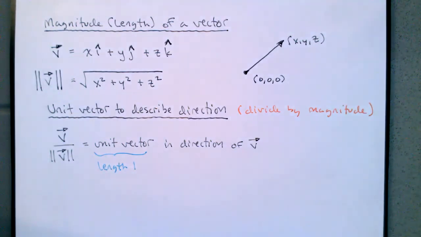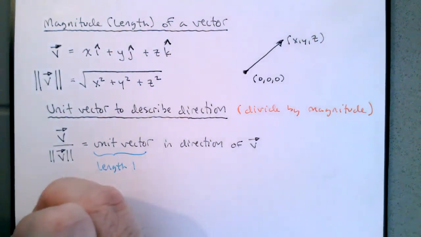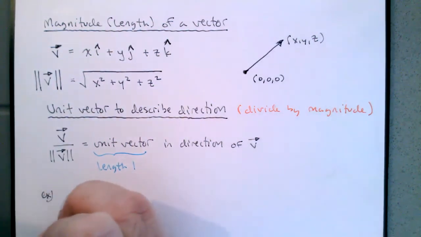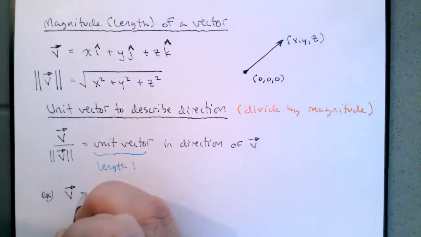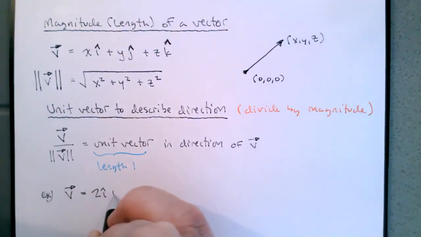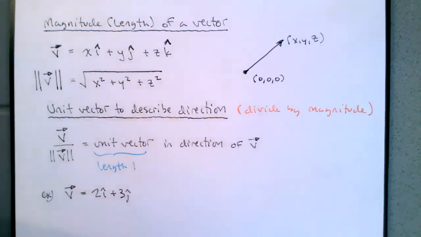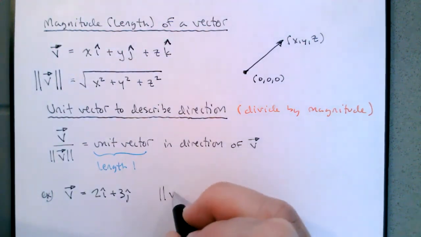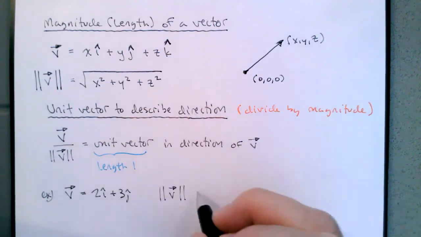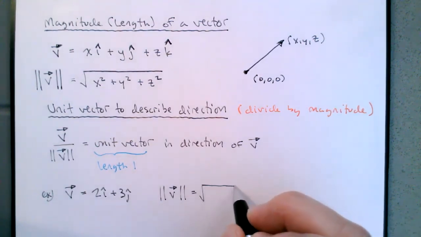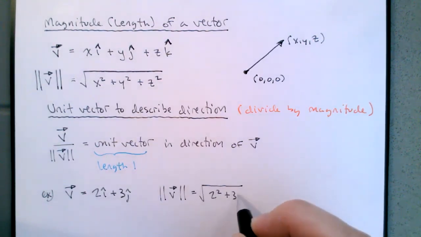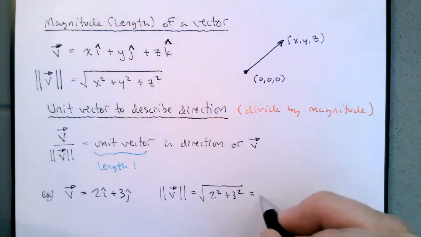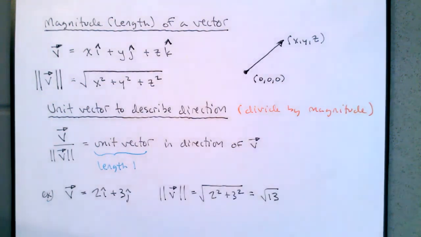So for example, if I had the vector v, which was 2i plus 3j, I find the magnitude of v. That'll be the square root of 2 squared plus 3 squared, which is the square root of 13.